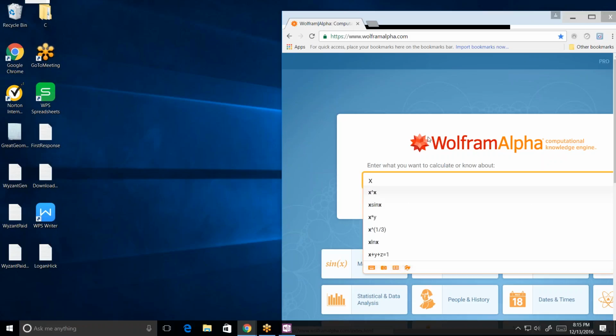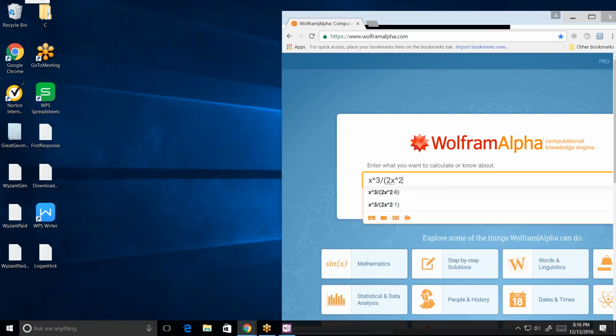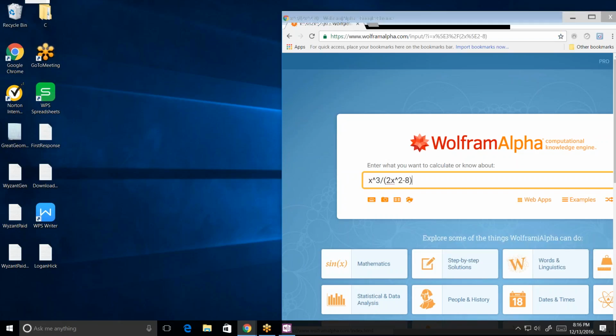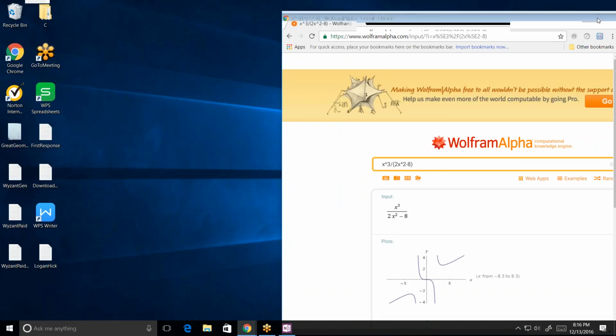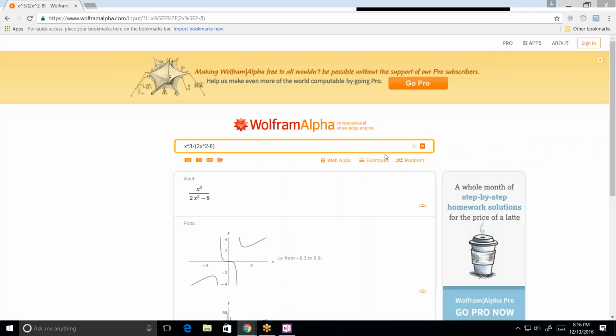It'll give you information a lot more than just math. I can ask the population of Russia and it'll give it to me. The bottom was 2x squared minus 8. And that's what it looks like.